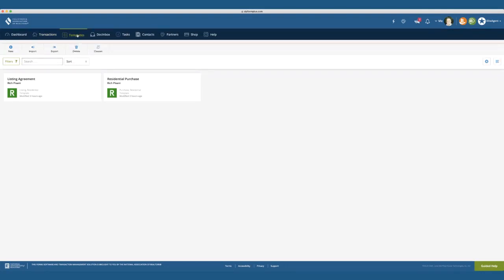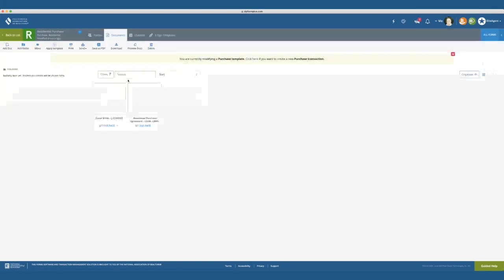I have one for listings and I have one for purchase agreements, and if you do mobile homes, you might have one for that. But I want to show you what's in my residential purchase template, and right now it's only 2 forms. All you really need is the cover sheet and the RPA.